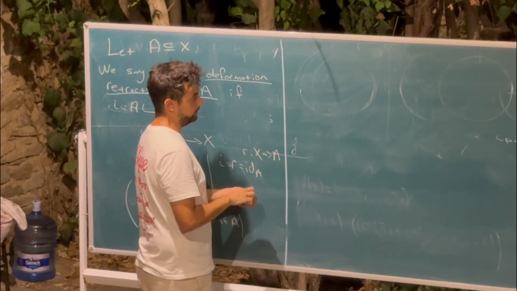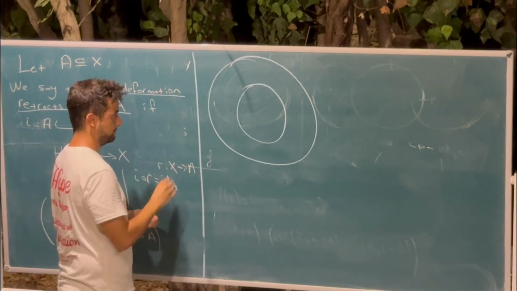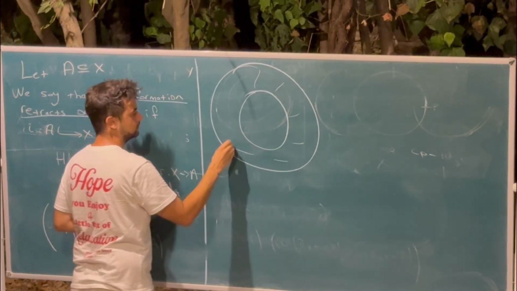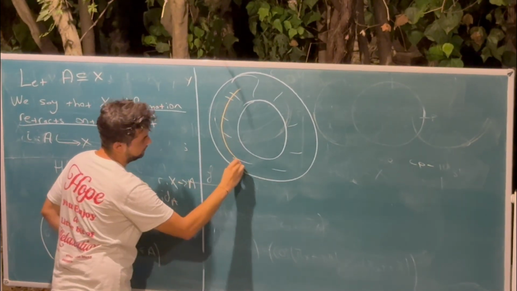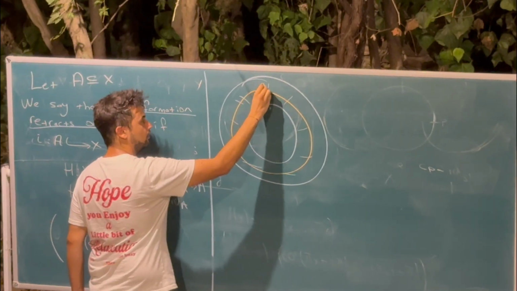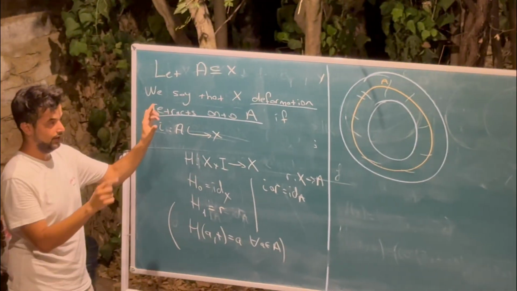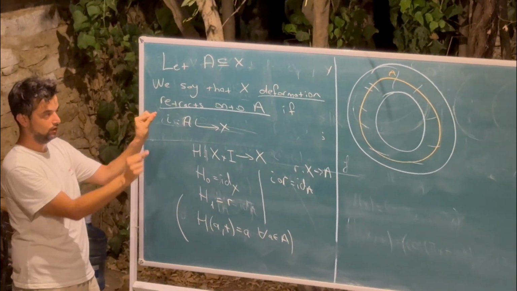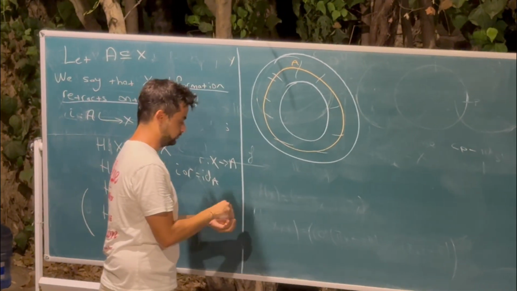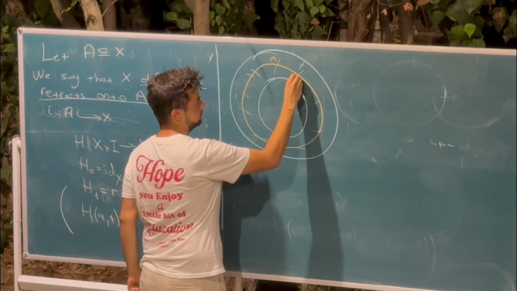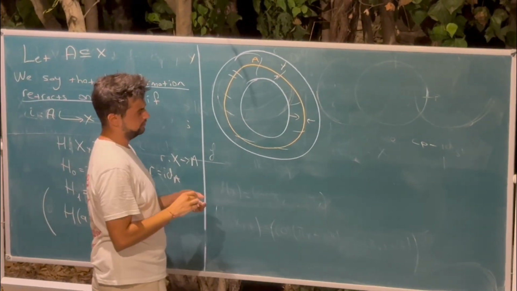I know this looks like a lot of words, but let me try to explain what's happening here. Suppose you have the annulus, where it's filled, and I have a subspace A. I want to come up with a homotopy that is fixed on A, that does not move A at all, and I want to deform it towards A. So I think you can visualize this.